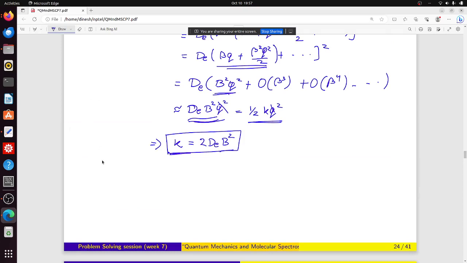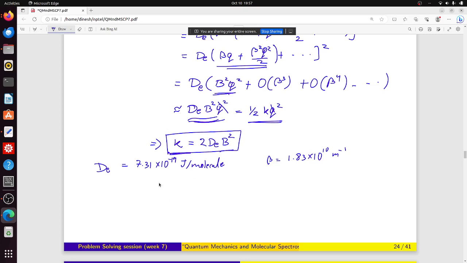So the dE value is given to be 7.31 times 10 to the power minus 19 joule per molecule, and the beta value is given as 1.83 times 10 to the power 10 per meter.